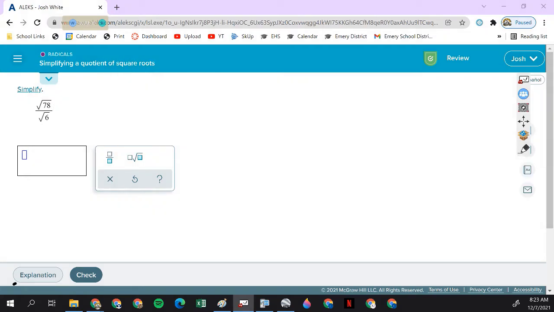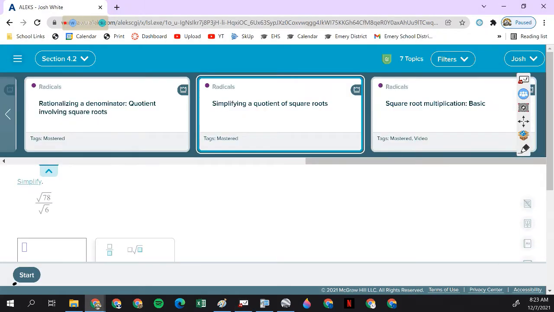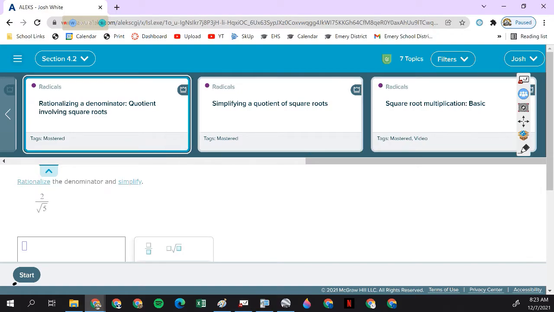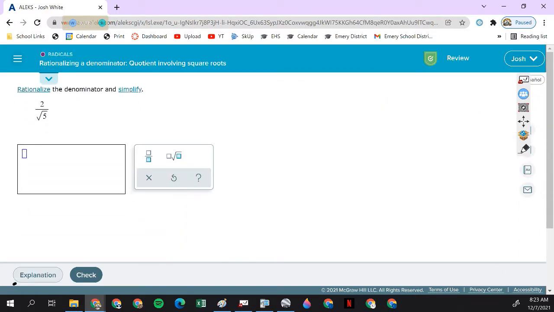Okay, it does get a little bit more complicated than that. Two divided by the square root of 5. Now, you might think that this is as simple as it gets, but whenever we have a fraction like 6/4, there are an infinite number of ways to write 6/4.